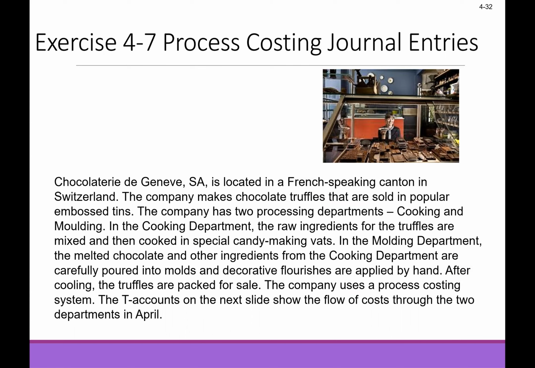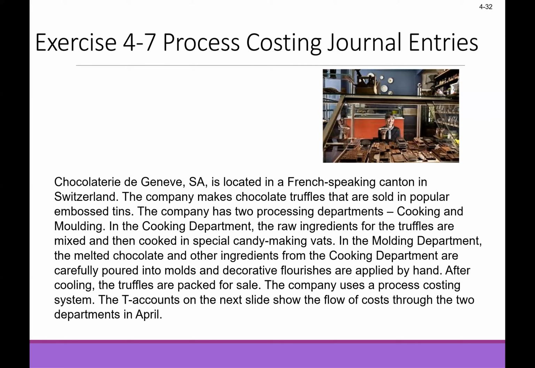Chocolatier is located in a French-speaking canton in Switzerland. The company makes chocolate truffles that are sold in popular embossed tins. The company has two processing departments, cooking and molding. In the cooking department, the raw ingredients for the truffles are mixed and then cooked in special candy-making vats.